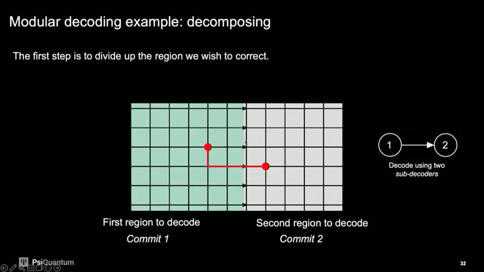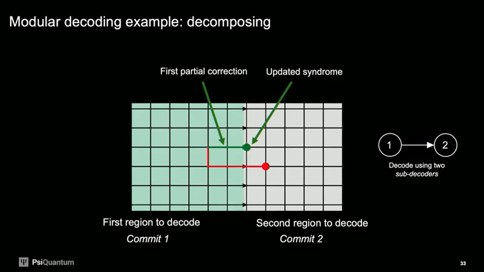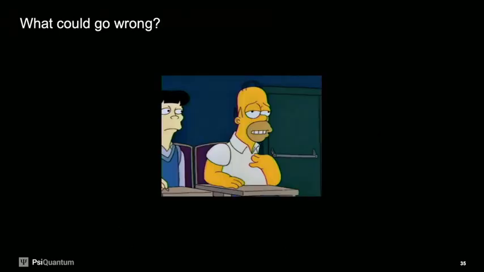The reason it can match to the interface, it's a choice you make, but it's a sensible choice because there could always be a syndrome just on the other side that you want to match with. And so decoder 1 will do the minimum weight thing it can do, which is match to this interface. Decoder 2 will see this updated syndrome just on the boundary there, and then it will match like this. In this case, it worked fine. It was the same as the global, but it turns out there's actually some issues that can happen.